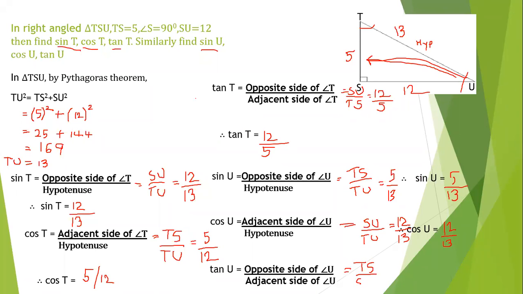So here we will write SU. Let us write the values also. TS is equal to 5 and SU is equal to 12. So we got tan U equal to 5 upon 12. Right? Just go through the sum.